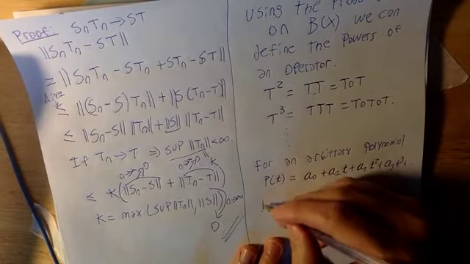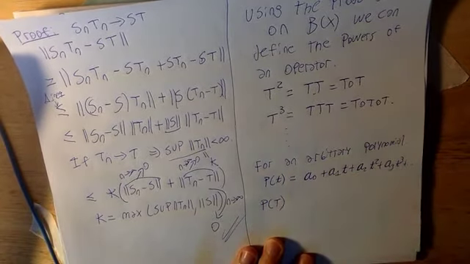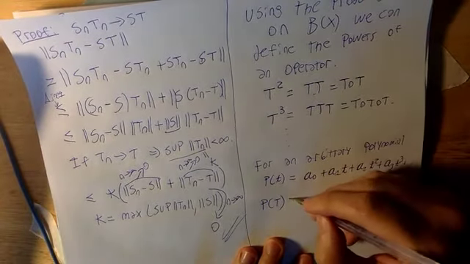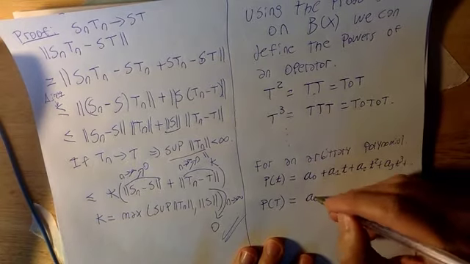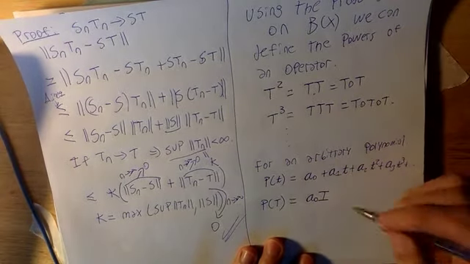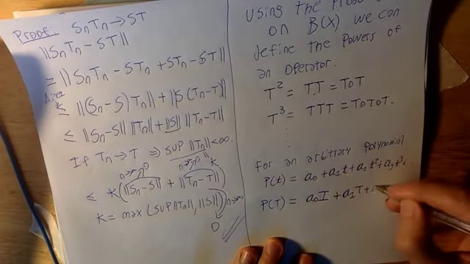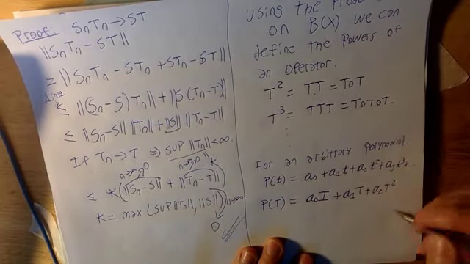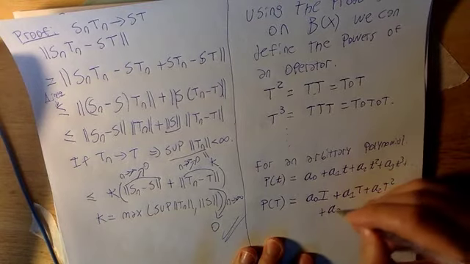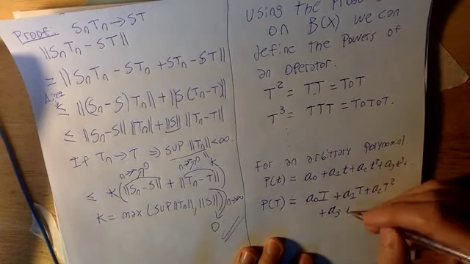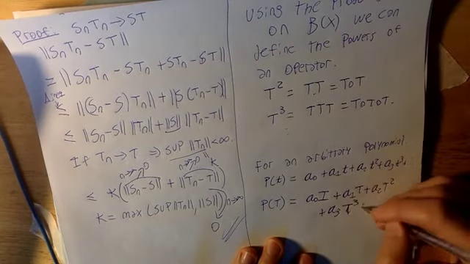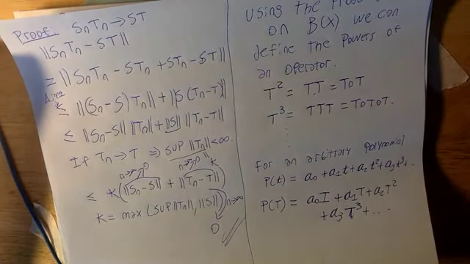Then if we take p of the operator T, this is just defined as a0 times the identity plus a1 times T plus a2 times T squared plus a3 times T cubed, and so on.